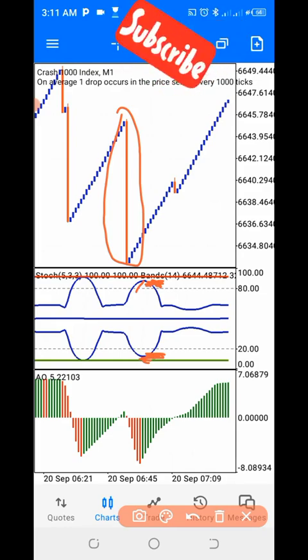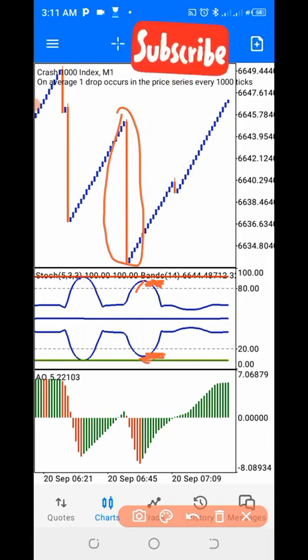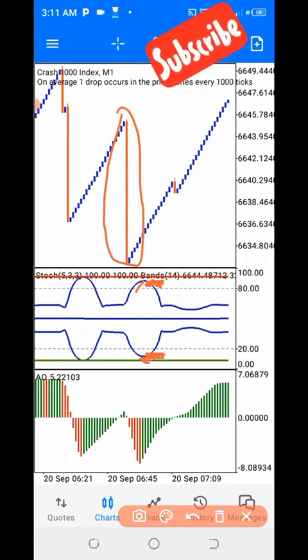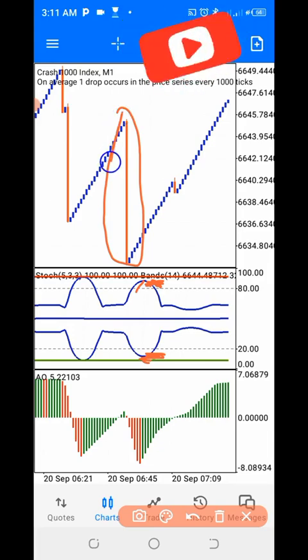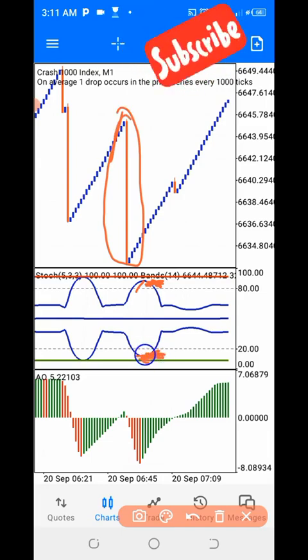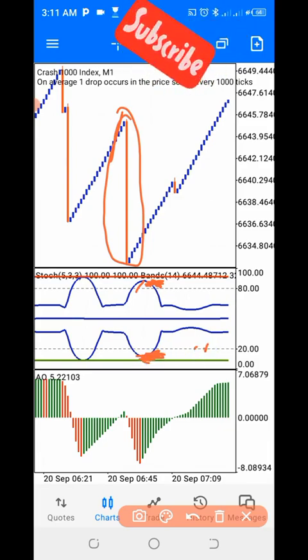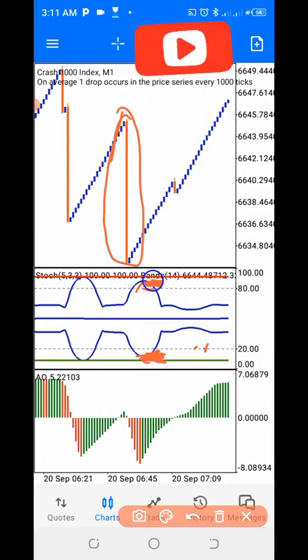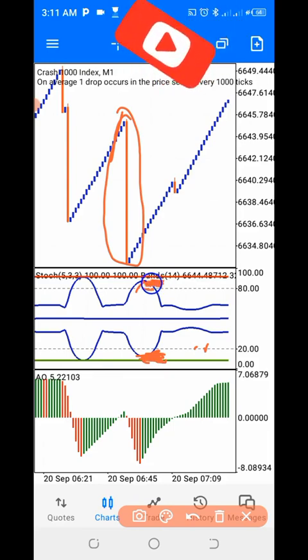And on Crash 500 and Crash 300. So once you have this spike, automatically the Bollinger Band must come down, the lower band must be at our 20 level, the upper band must be around our 80 level or above 80 level.